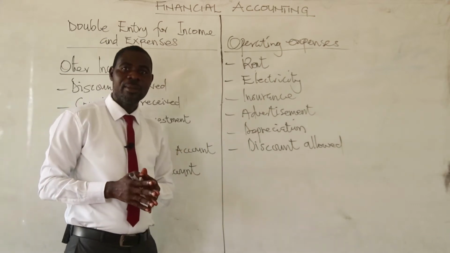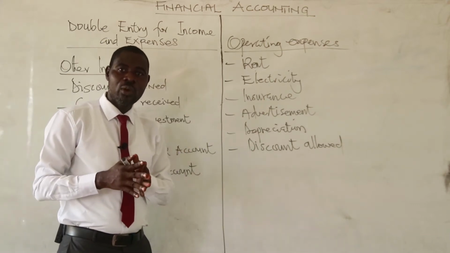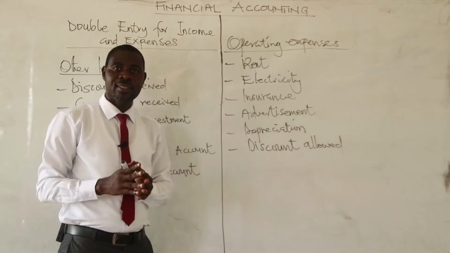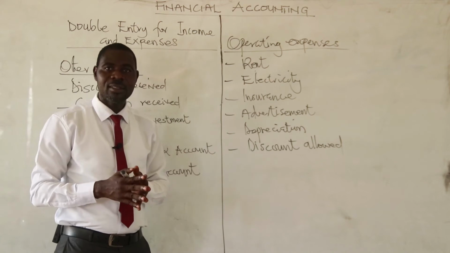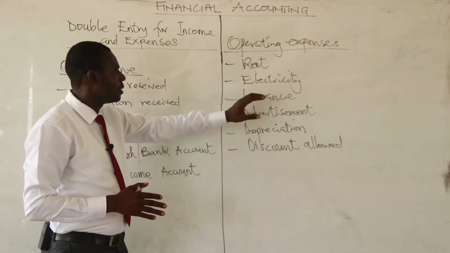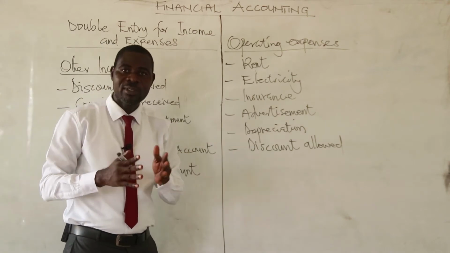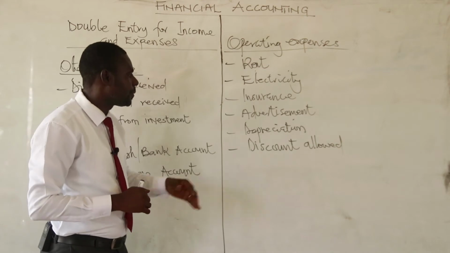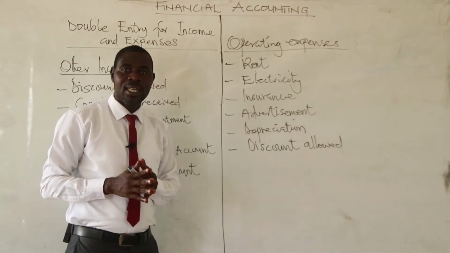Insurance. Businesses insure their properties, including the fixed assets and the stock, or the goods available for sale. We insure them, and it involves money. So we incur these expenses as well. Advertisement.